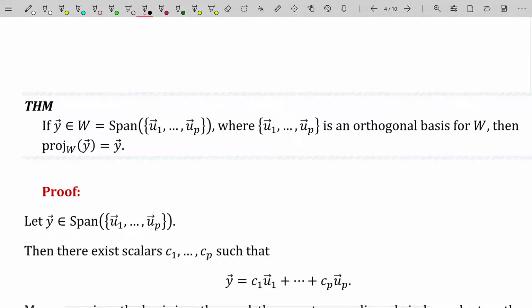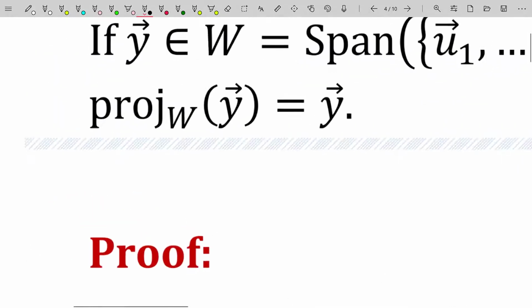And that's what this theorem states right here. If y is in W, which is a span of these orthogonal basis vectors, then y is equal to its own projection onto W because, well, it's in W already. It is its own projection.